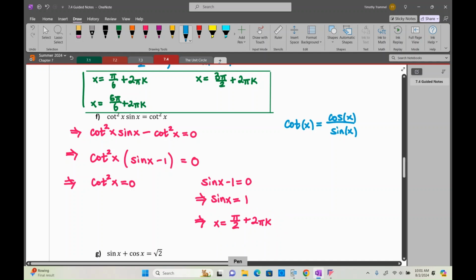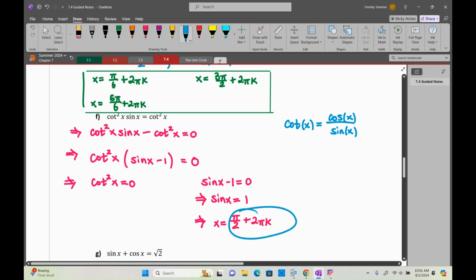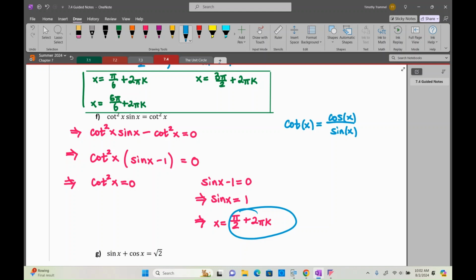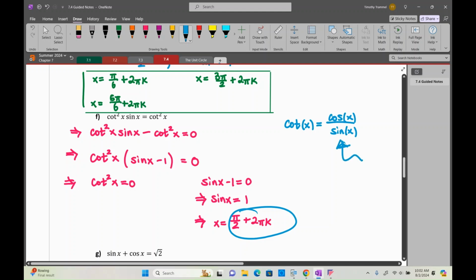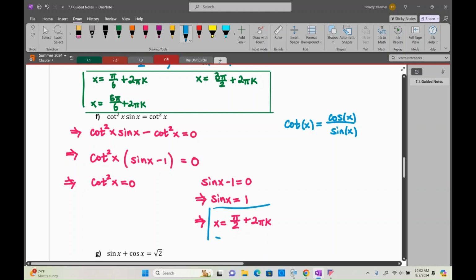And they don't, because if I plug in these angles, sine will be equal to 1. If these angles happened to cause some division by zero, it would make cotangent undefined, and it would mean that these are not solutions. However, everything worked out fine. These will be some of our solutions here.